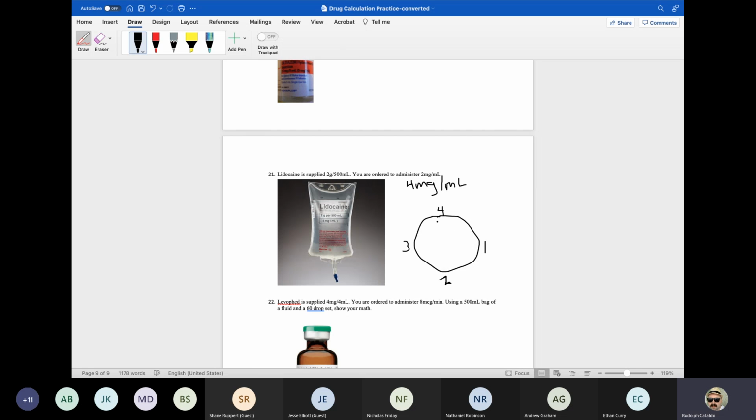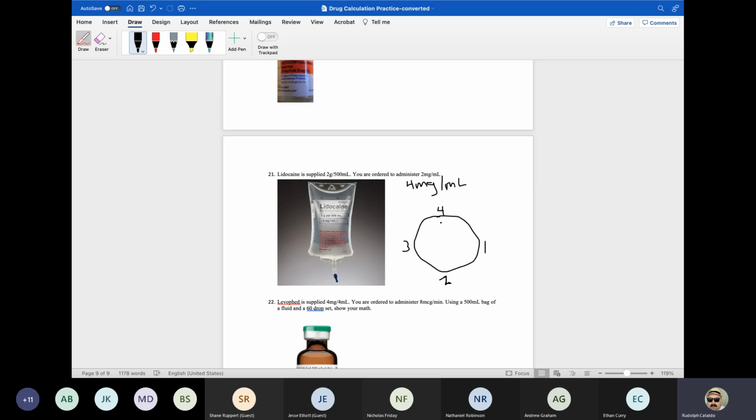And then we break it down per drip. So to do a drip, does anybody know which drip set we use? Are we going to use bigger drops or smaller droplets, you think? Micro drip. So a micro drip is 60 drops per minute.